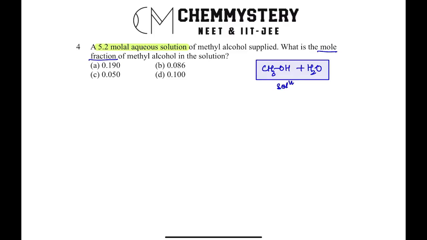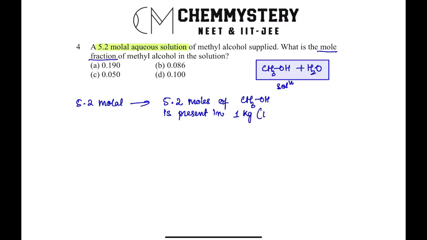We need to calculate the mole fraction of the solute for this. So they have given a 5.2 molal aqueous solution. What does this mean? This means that 5.2 moles of methanol is present in 1 kg, that is 1000 gram of the solvent.